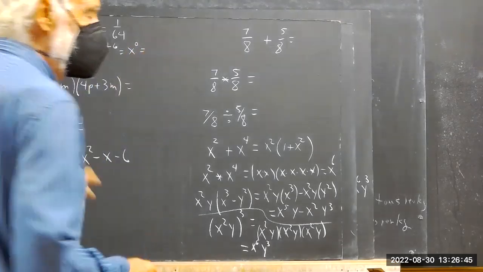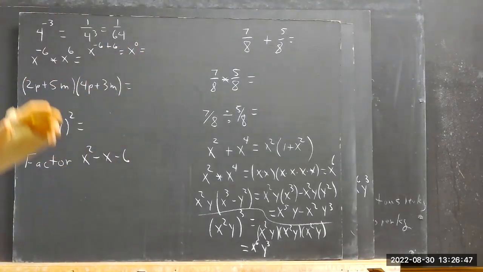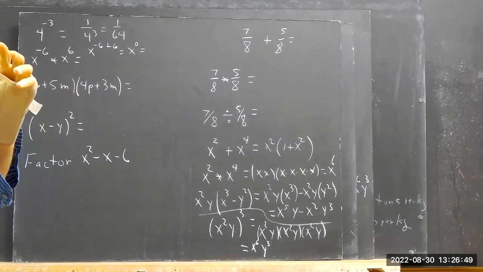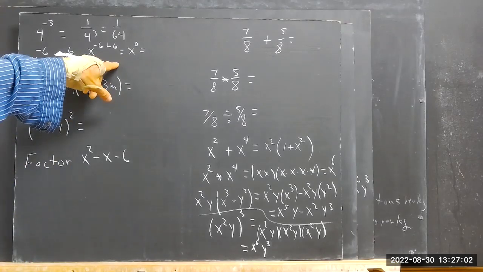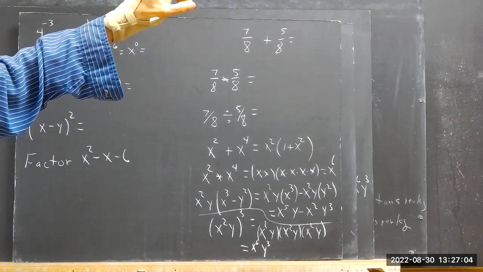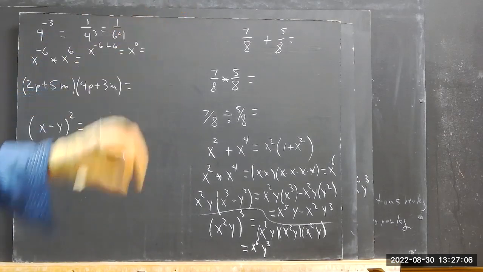x to the 0. Show me with your hands, 1 hand, 2, 3, whatever, what x to the 0 is. Okay, x to the 0 is 1. There's a strong temptation to say it's 0.